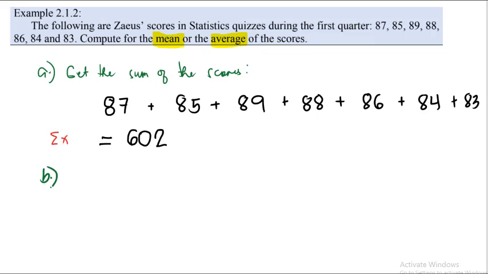The next step, or the last step, is to divide the sum by the number of cases, where n is equal to 7.